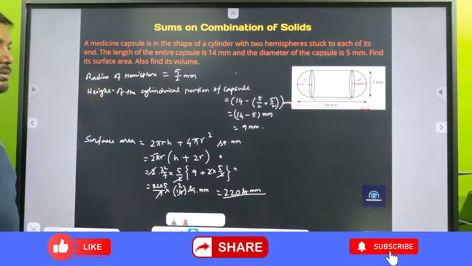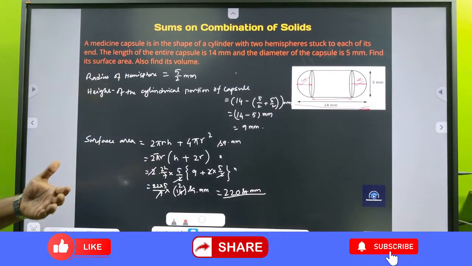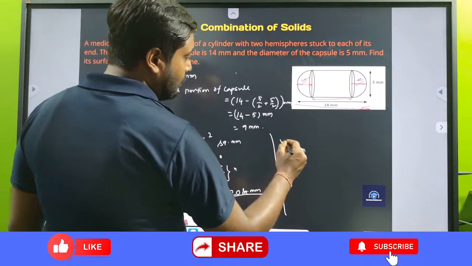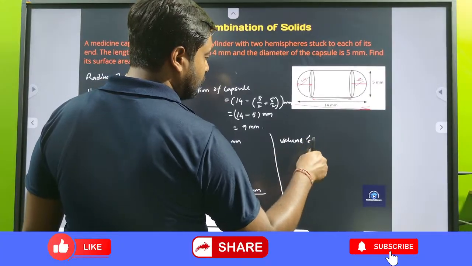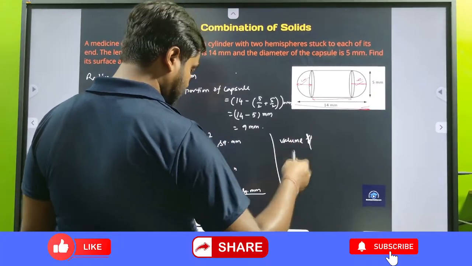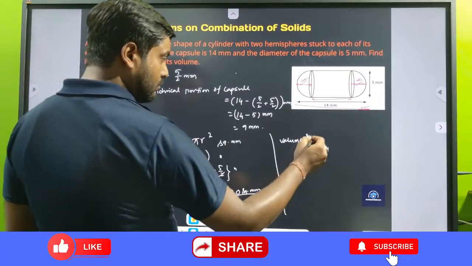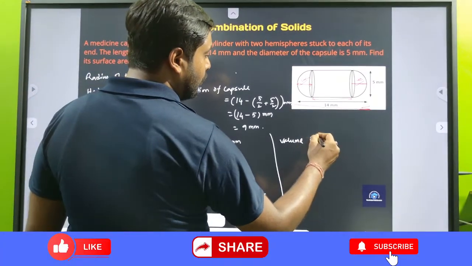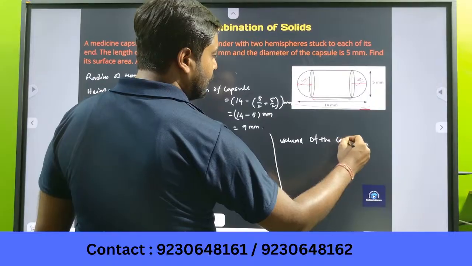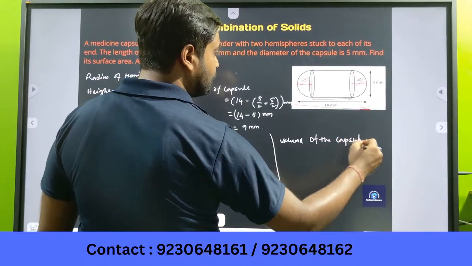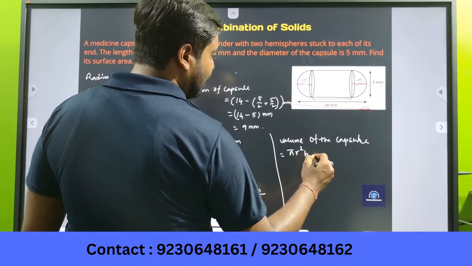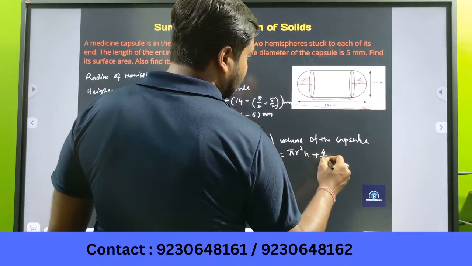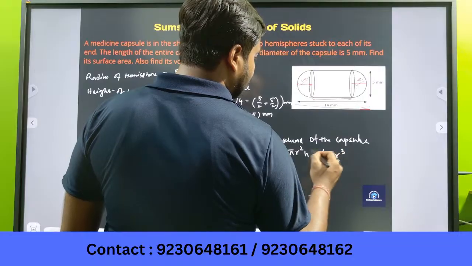This is the total surface area of the capsule, and for the volume of the capsule, it equals pi r square h plus 4/3 pi r cube.